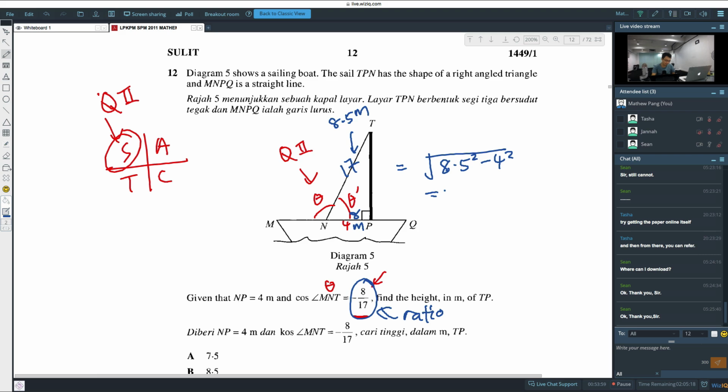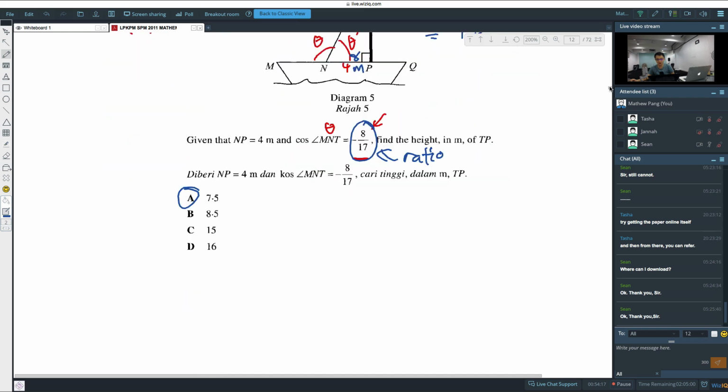You get 7.5, which is TP. Because after you got TN and NP, you can easily find TP by using Pythagoras. Okay, so yeah, Sean, I have finished question 12. Now go to question 13.